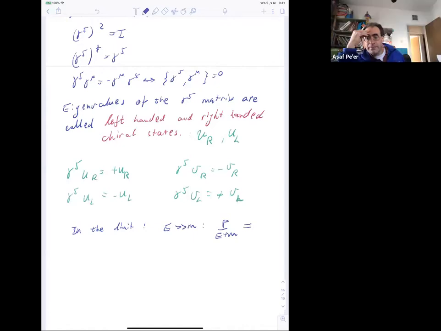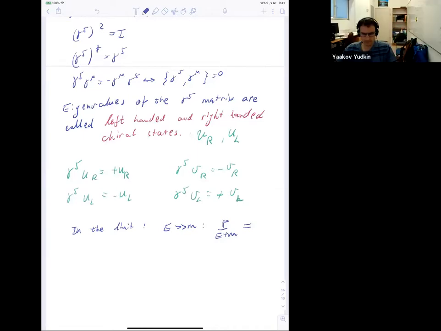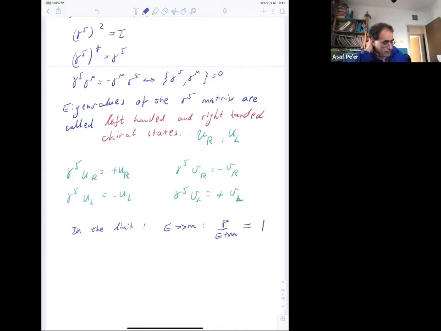Which is what, in this limit? Yeah, which is 1. Make sure that you convince yourself and you understand why this is true.